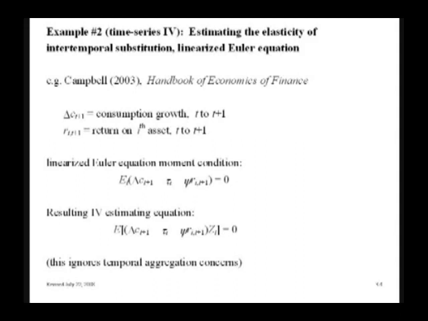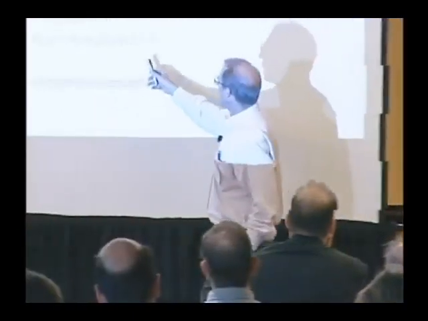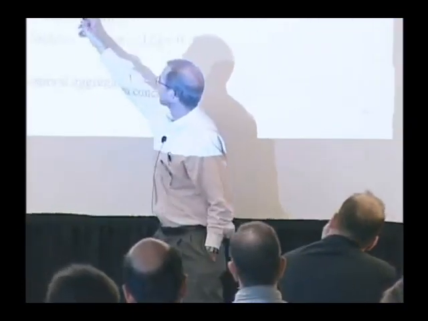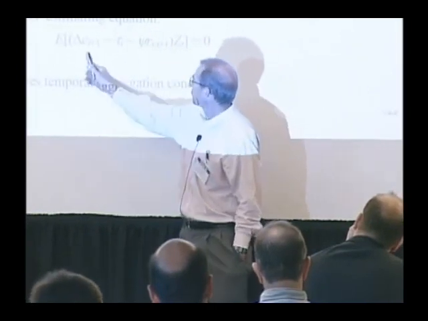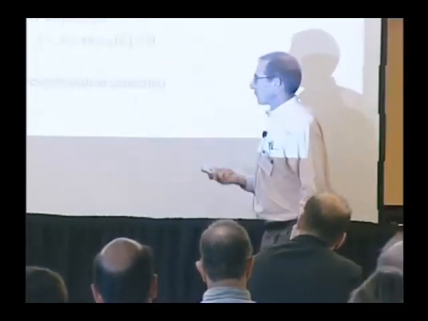The linearized Euler equation gives you this orthogonality condition that's written down right there, and that suggests that if you have some instrument, anything that's predetermined, if this is a rational expectations orthogonality condition, then anything that's predetermined should allow you to run GMM or just straight IV.